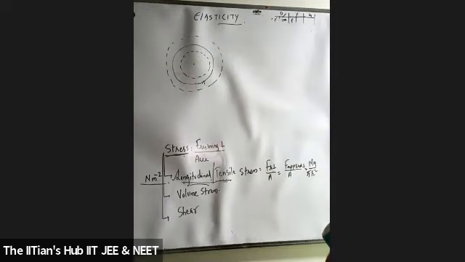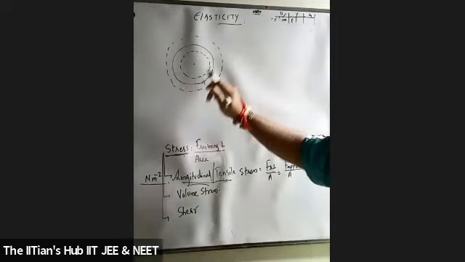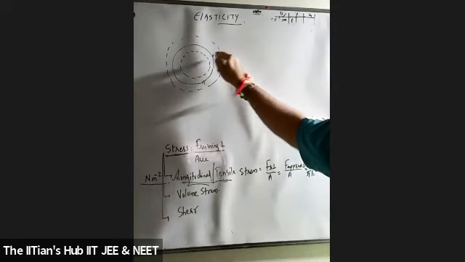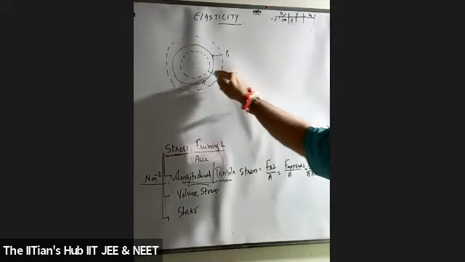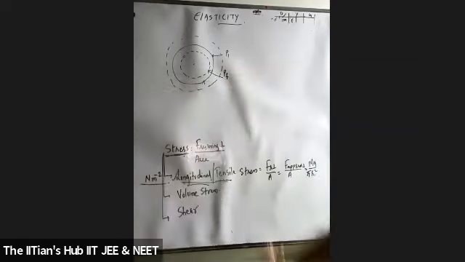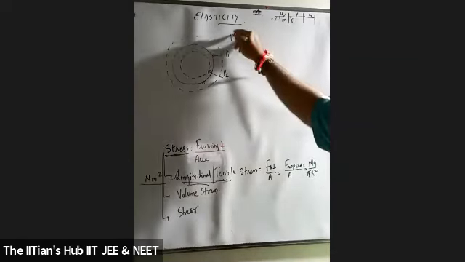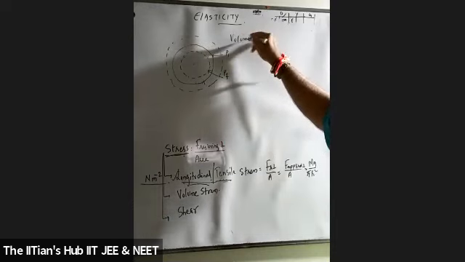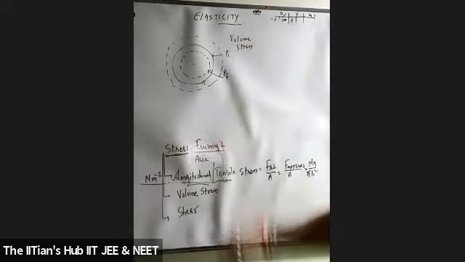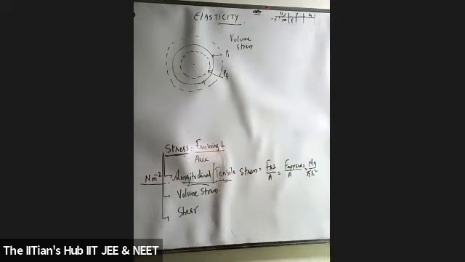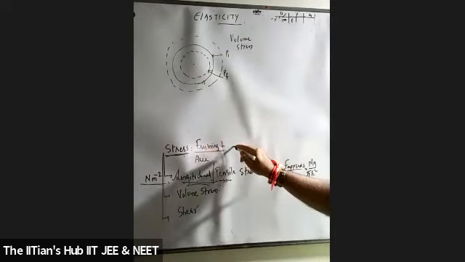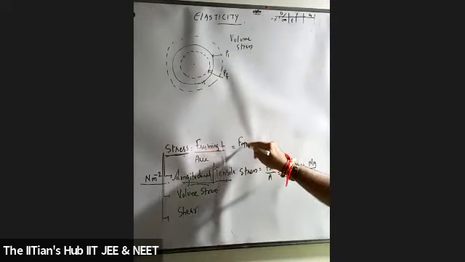Now what is happening? Suppose I decrease it, let us say this is my initial pressure, and this is the final pressure. Agreed? What exactly is volume stress, students? Stress is nothing but restoring force per unit area, which can be numerically equal to applied force acting normally per unit area.